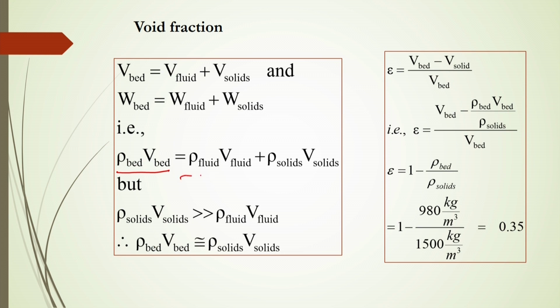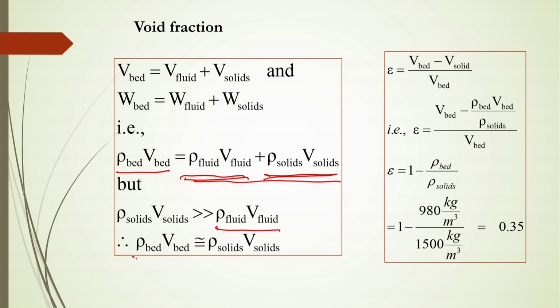Also, the mass of the fluid inside the bed is the product of volume and density of the fluid. Similarly, the mass of the solids is equal to the density of the solid into the volume of the solids. But in this case, the solid mass will be much greater than the fluid mass, so you can neglect the fluid mass relative to the solid mass.